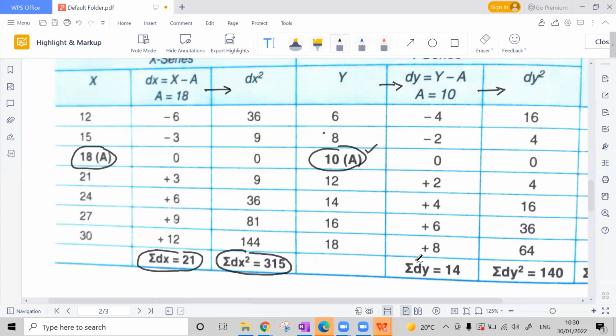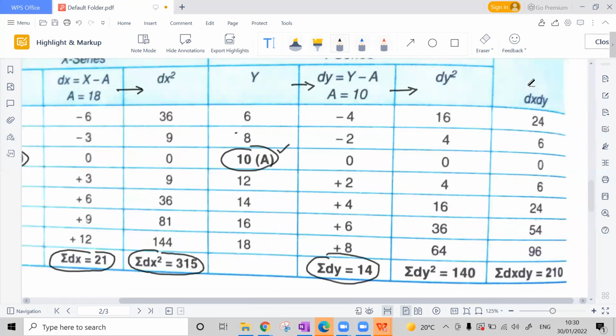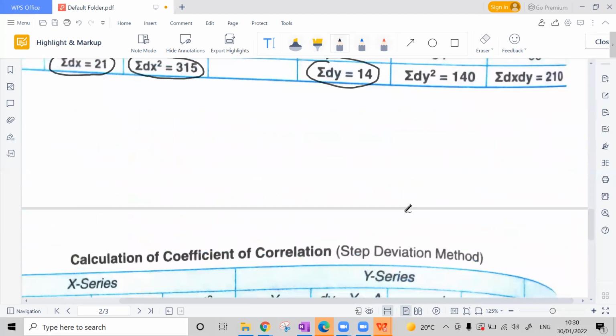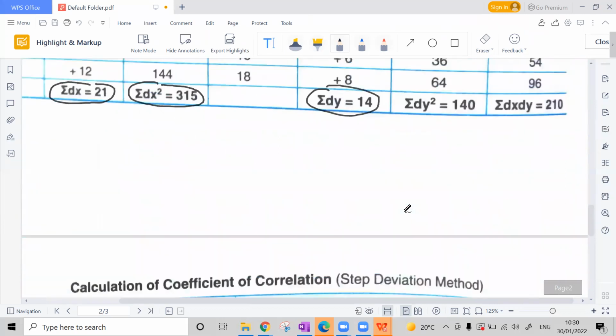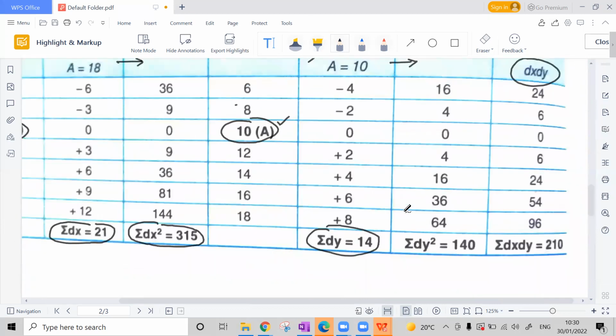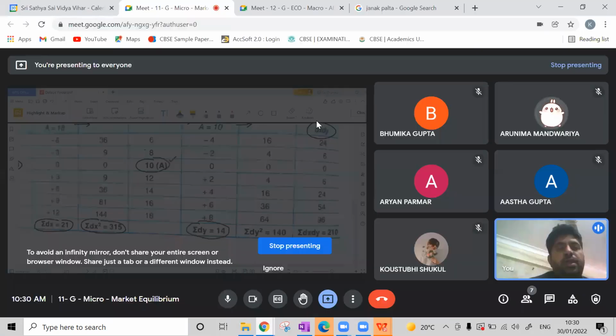Then summation of dy is also calculated, that is 14, and summation of dy square is also calculated, that is 140. And the last step is the calculation of dx dy. Is it clear? Has everybody noted? Yes or no? Can I show you the next calculation, beta?